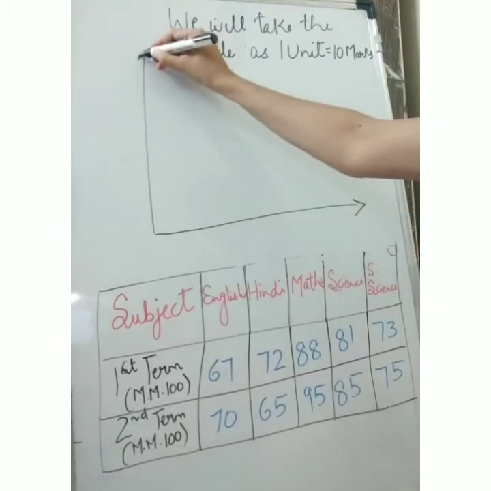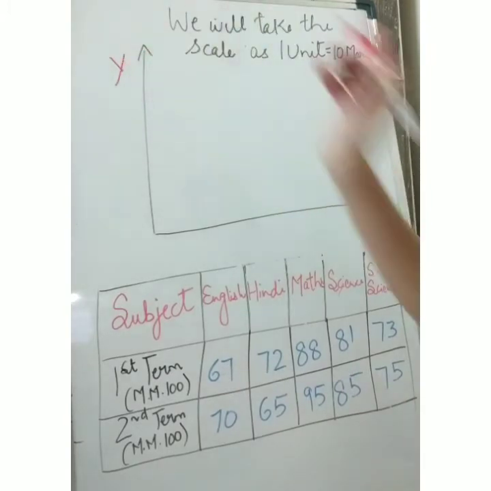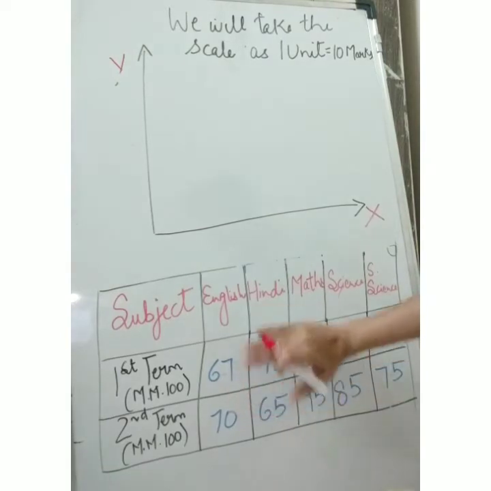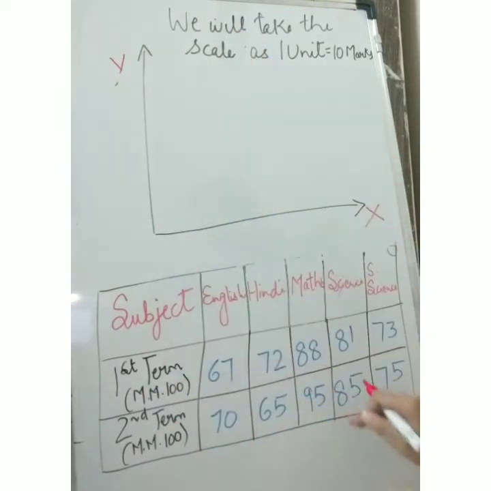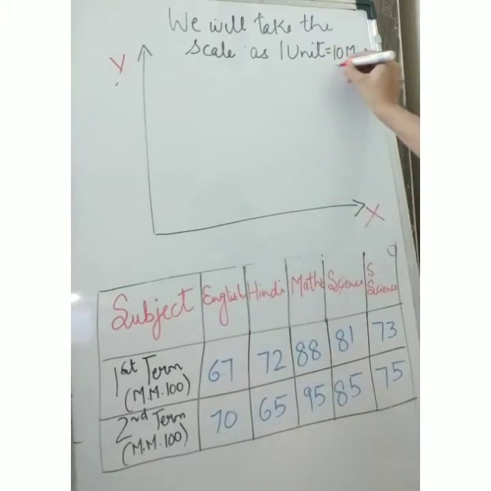A normal bar graph we all are drawing, right? Now this is your x-axis and this is your y-axis. Firstly I will explain roughly, then with the unit, because I need more space to construct it. Suppose I have taken 1 unit equal to 10 marks.